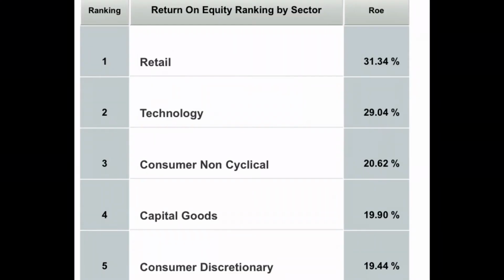And if you're asking yourself, where can you find the return on equity for each of these industries? I've actually gone ahead and put a link in the description below for a great resource where it lists out all the different industries and the average return on equity that you can expect. So this is great for benchmarking. So this is part of your step 4.